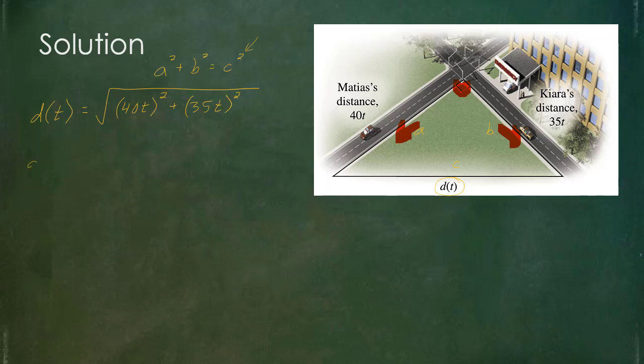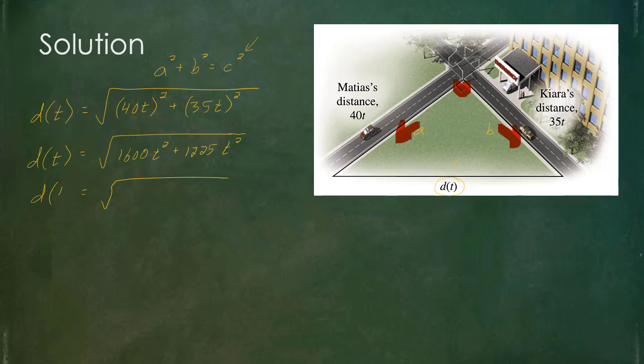So if I were to now try and simplify this on the inside, I should be able to square both those values. If I square 40, that should take me up to 1600 t squared. And if I square 35, that should take me up to 1225 t squared. Those are like terms, so I should be able to combine those two values.